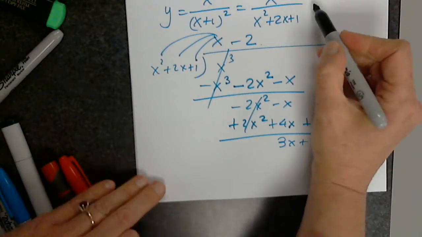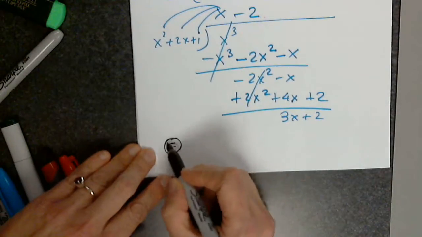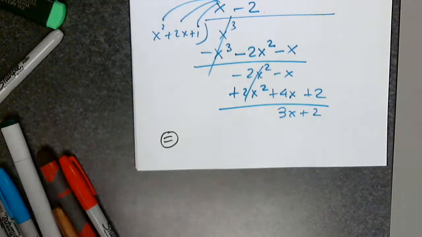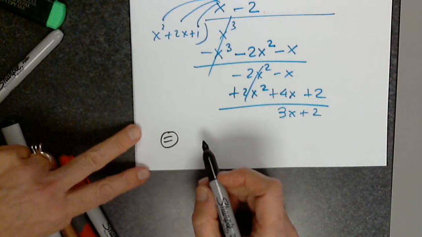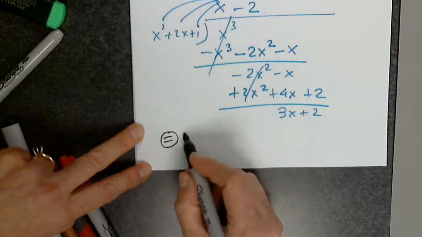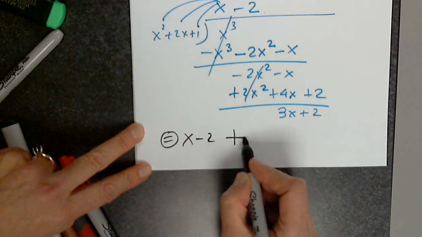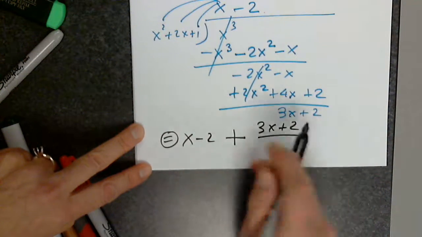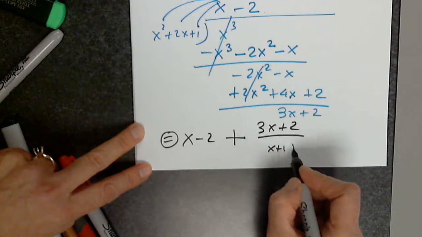So this function can really be rewritten how? Yes, Thomas? The quotient, yes, plus the 3x remainder, very good, over, and now I'm going to condense it and write x plus 1 squared.